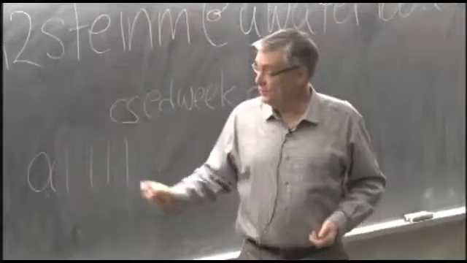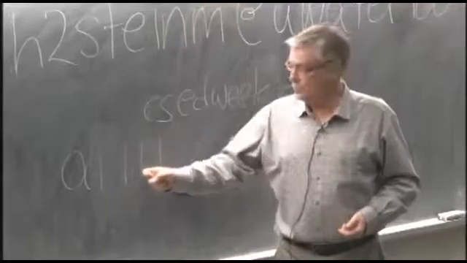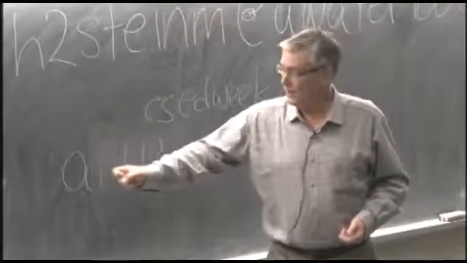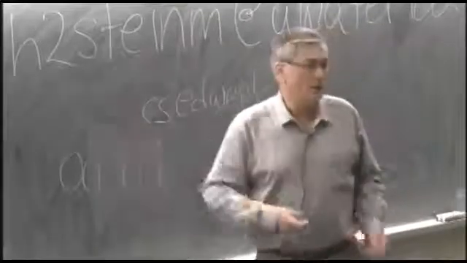And if you were adding 1 to this representation of 15, which is 1 plus 2 plus 4 plus 8, that's what that means, then you would change them all.